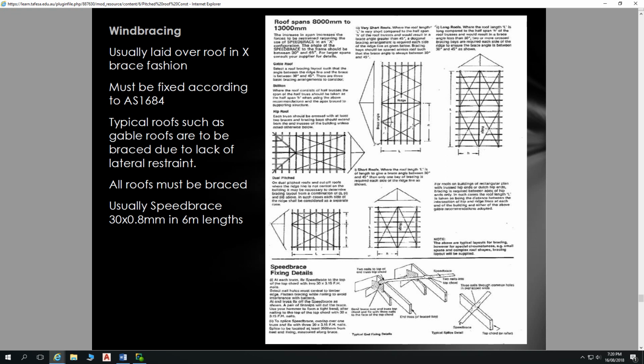AS 1684 covers bracing and the kilonewtons of force required to be retained by those various different bracing systems. With roof systems like a gable end roof, so this is our hip end roof here, as opposed to our gable end. A hip end roof requires less bracing in it than a gable end roof.